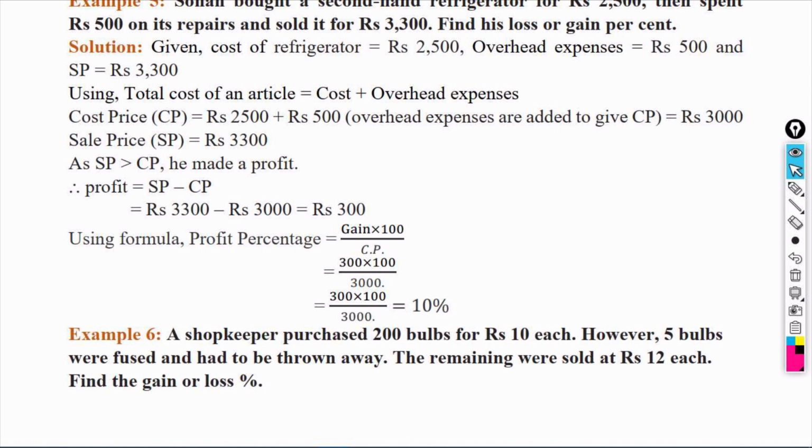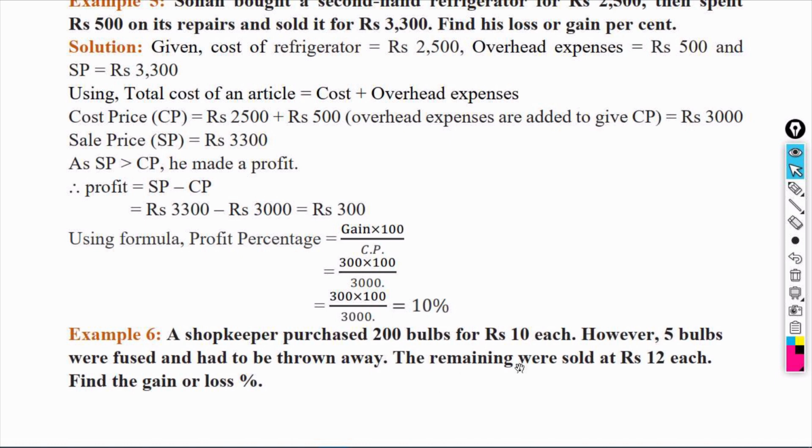That means CP of 200 bulbs, 200 into 10, is rupees 2000. However, 5 bulbs were fused, damaged, and had to be thrown away. It is not in use and the shopkeeper cannot sell.